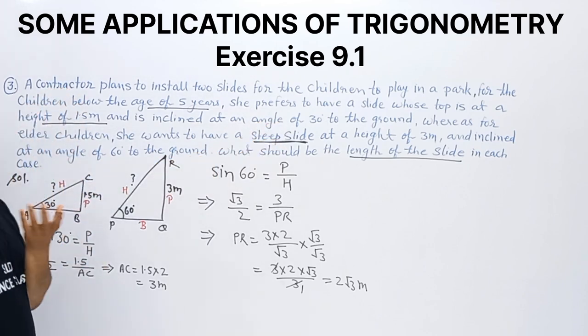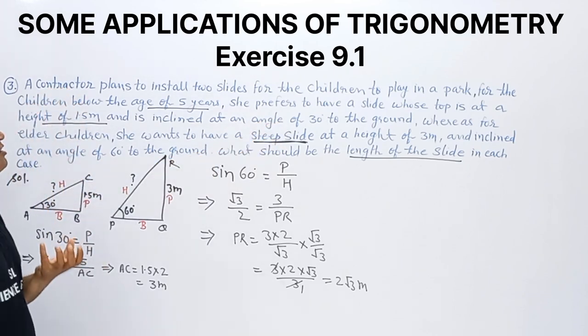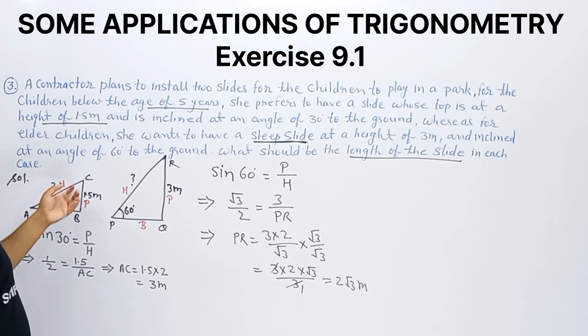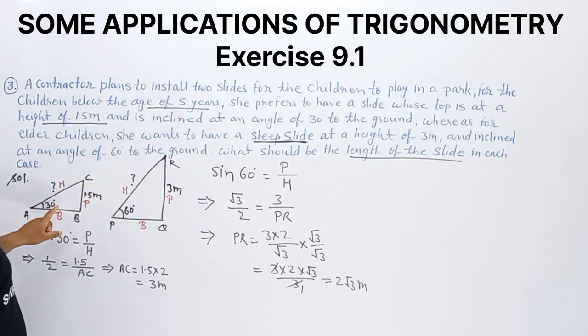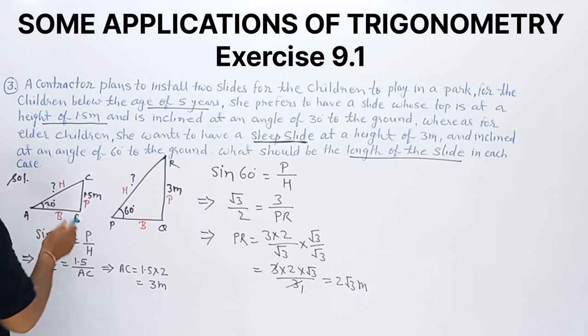The contractor wants to install 2 slides in the park, one for the below 5 years age group children, with height 1.5 meter, inclined at the angle of 30 degree.